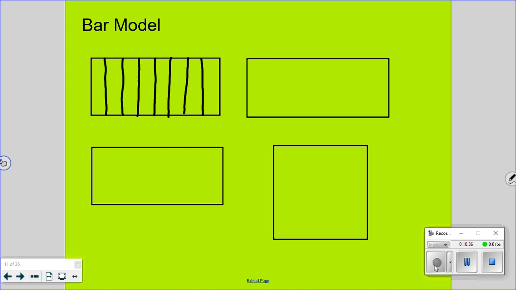Another way to model, and I don't really have a good size bar here, is to do the exact same partitioning sideways. I can split it in half this way, and then make my 8ths going across this way.